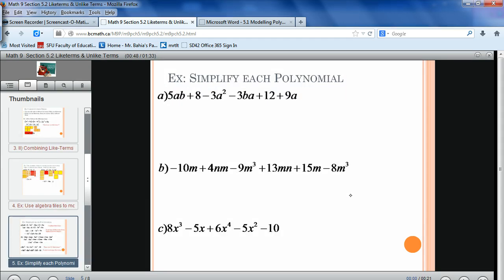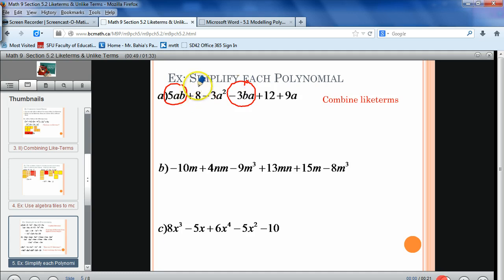Simplifying these, again, it gets to a point with algebra tiles where you think, yeah, I get it, let's move on. So let's just use circles and squares here. Which are like terms? 5AB and this here, BA, are like terms. Remember, it doesn't matter the order of the letters. That is going to go with that.